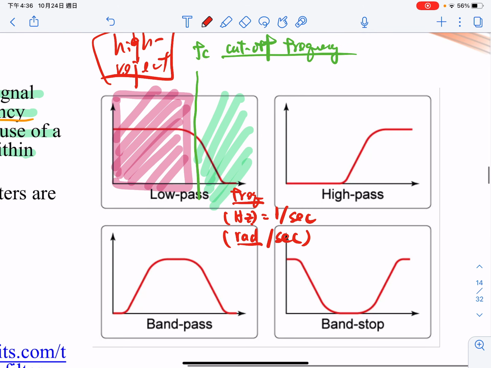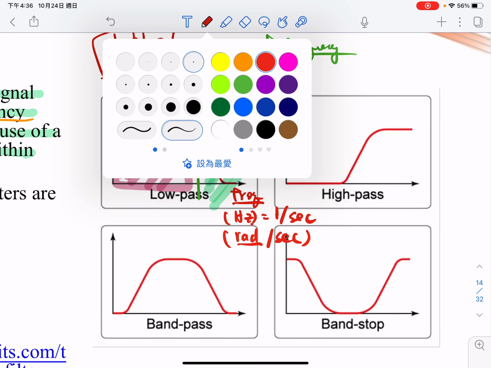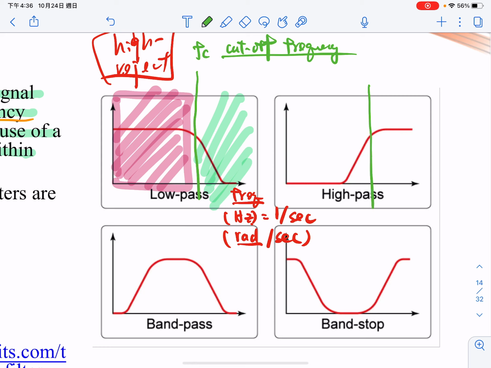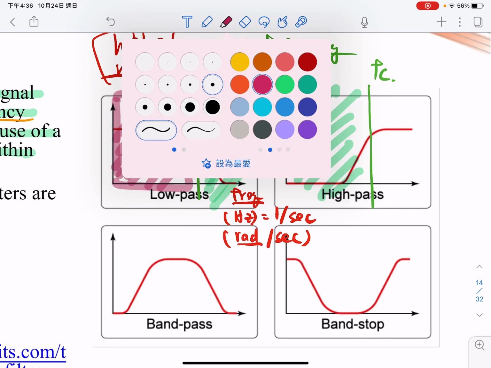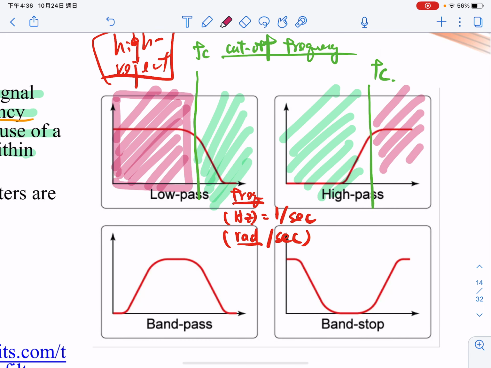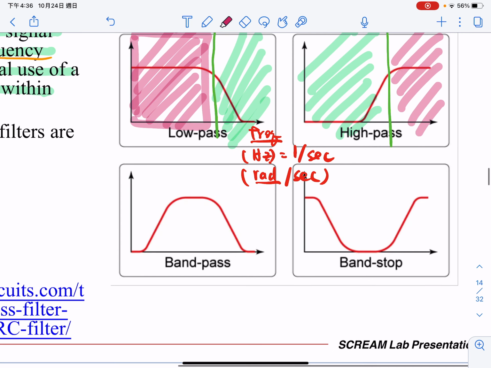And reversely, this one is the high pass filter. We have the FC over here. We try to cut the frequency from this part, and preserve the signal on the right-hand side of the cutoff frequency. And this one is called a band pass filter.